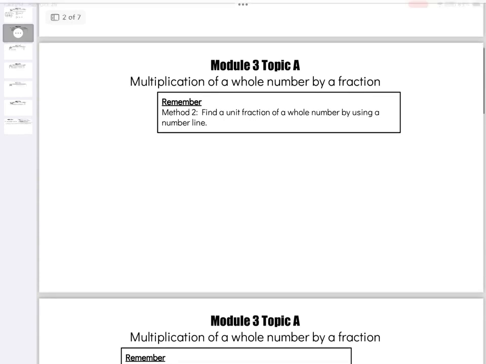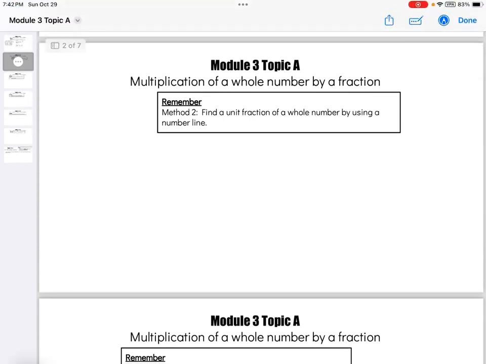Okay. So the second strategy that we used was looking at a number line. One way to use the number line is if the question was, what is 1/3 of 4 wholes?